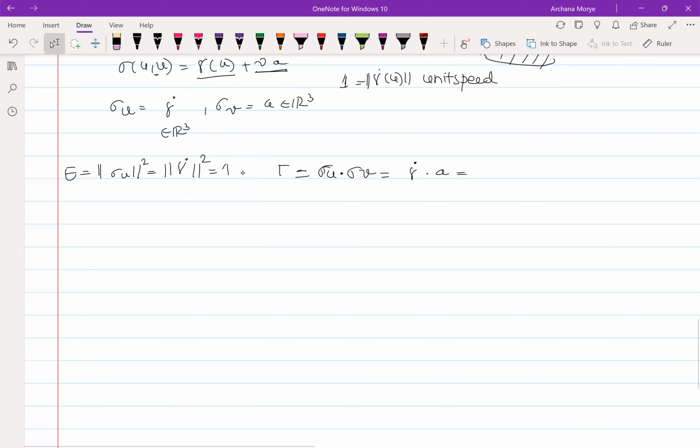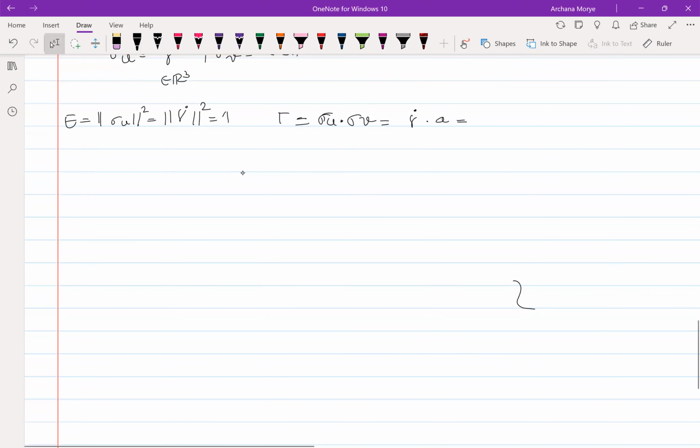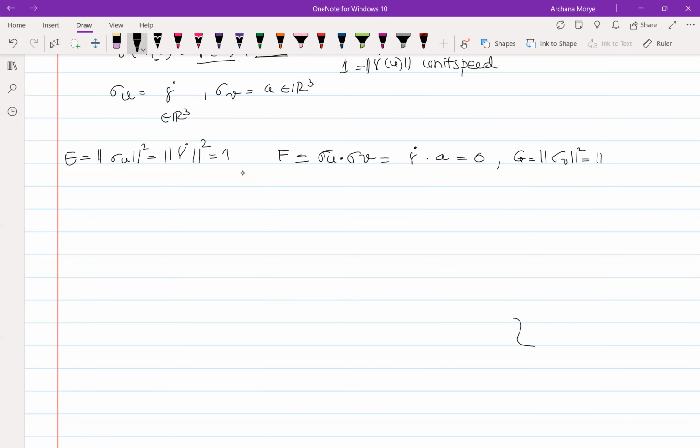So this is F, and this is 0. And what is G? G is the norm of sigma v squared. So what is that? It is the norm of A, but again, we are assuming A is also a unit vector. So that is 1. So what will be your first fundamental form for the generalized cylinder? Can you tell me?